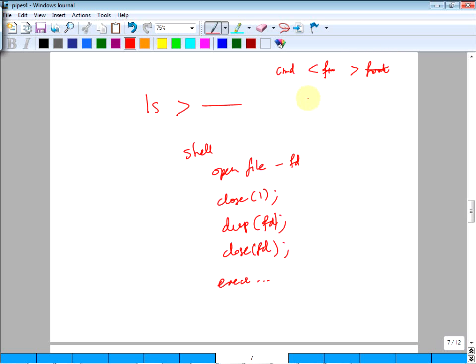If you are handling the files in your command, then you can write them as arguments directly, but now you are taking the responsibility of opening the files. So this is a simpler way, and this is a more complicated way.